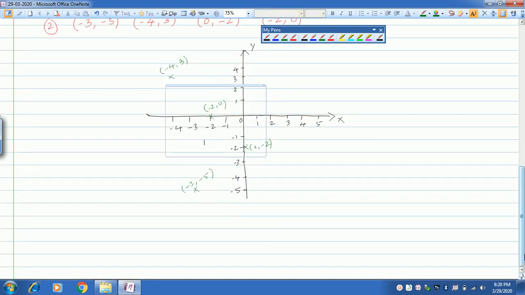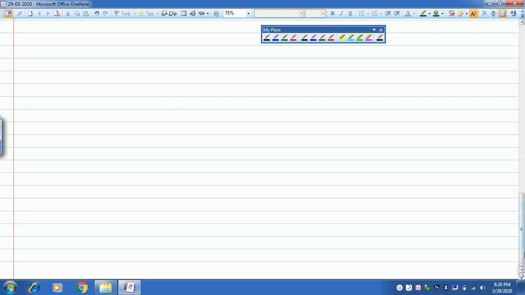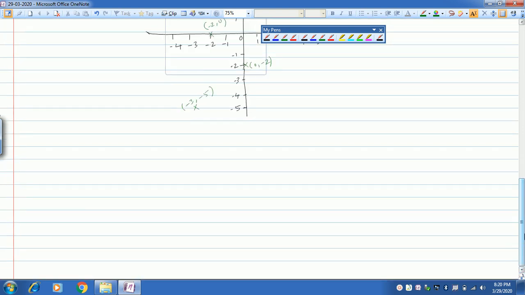Now we are going to see the next topic, which is the midpoint and distance.